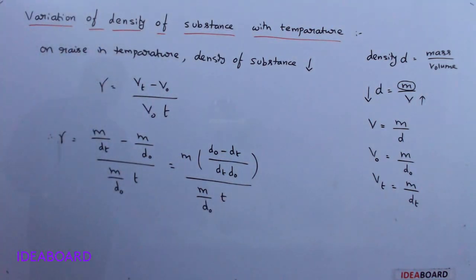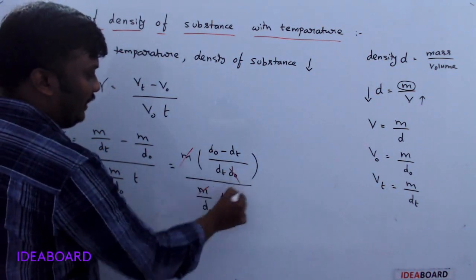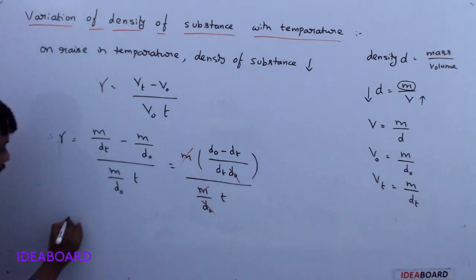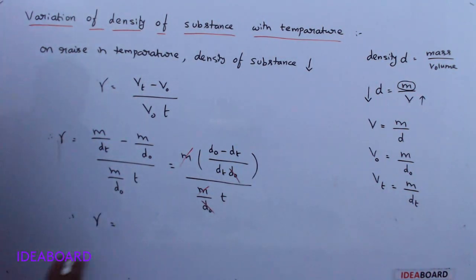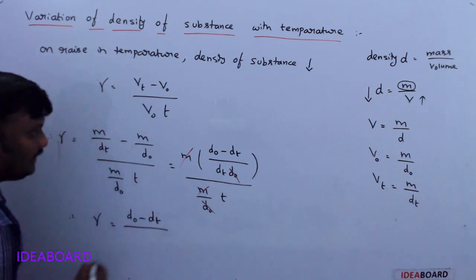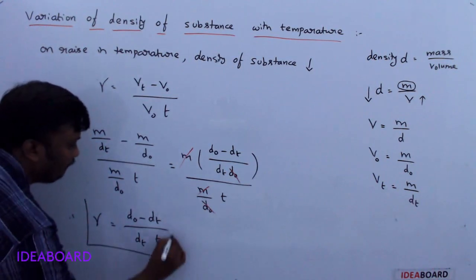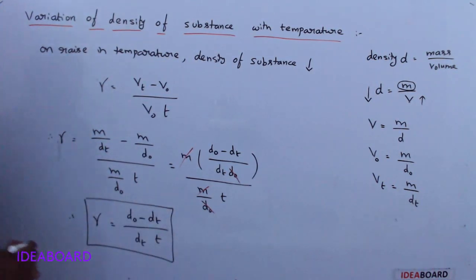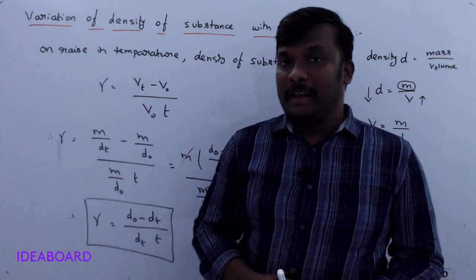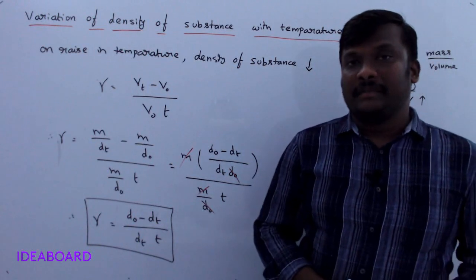Here m cancels, and d naught and d naught cancel. So what is the formula we got? Gamma is equal to d naught minus dt by dt into T. This is the formula for the coefficient of cubical expansion or volume expansion in terms of the densities.